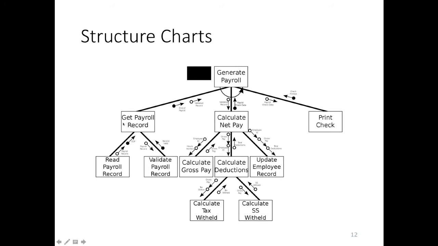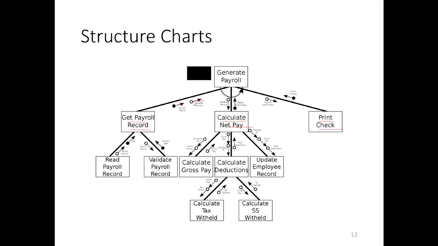So they need to be able to get a payroll record, calculate the net pay, as well as print out a check. All those small dotted arrows just tell you what happens.